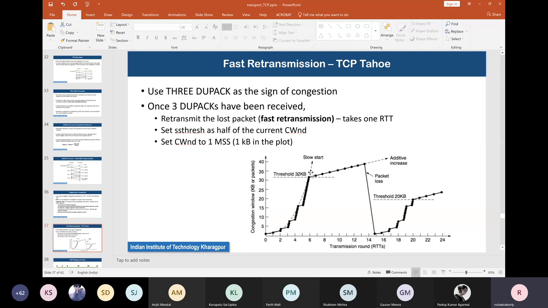However, in this case, the slow start threshold, SS threshold, was arbitrarily set to 32 kilobytes. When it reached 32 kilobytes, it switches from slow start exponential increase to classic AIMD.